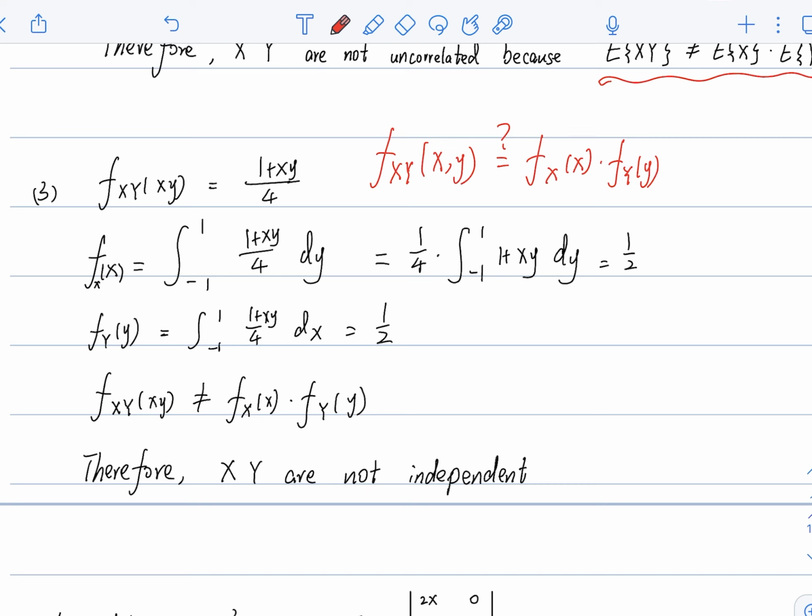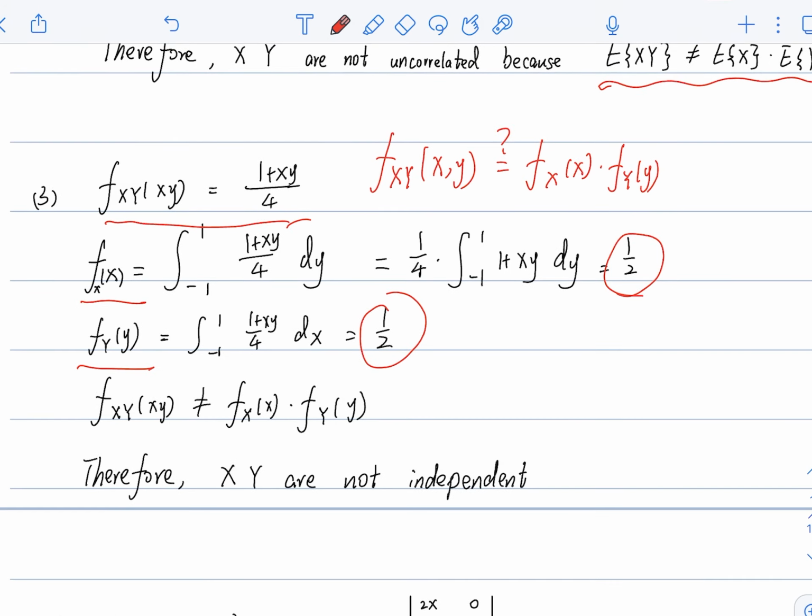From question 1, we found that f(x,y) is equal to this value, and f(x) is equal to 1 divided by 2. Also, f(y) is equal to 1 divided by 2 because they are symmetric. Therefore, it's easy to see that f(x,y) is not equal to f(x) multiplied by f(y). Therefore, X and Y are not independent.